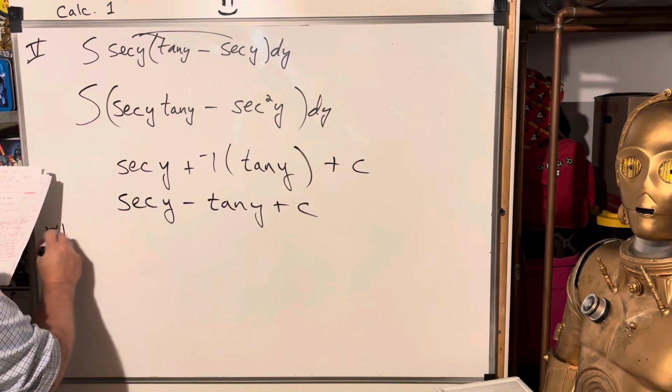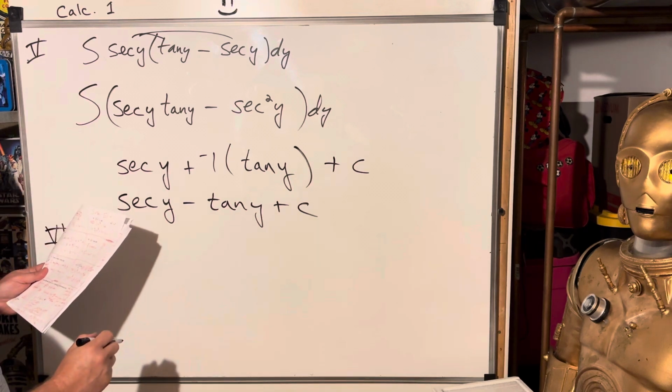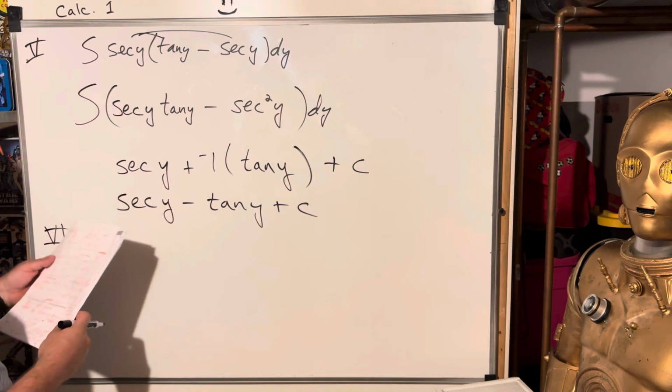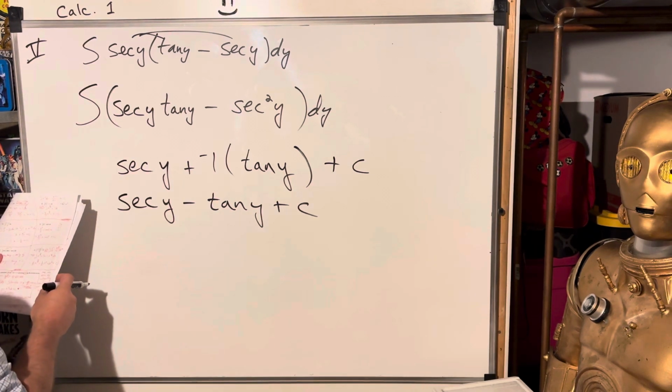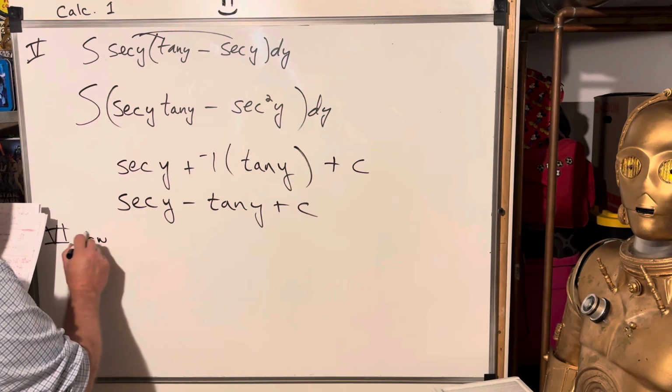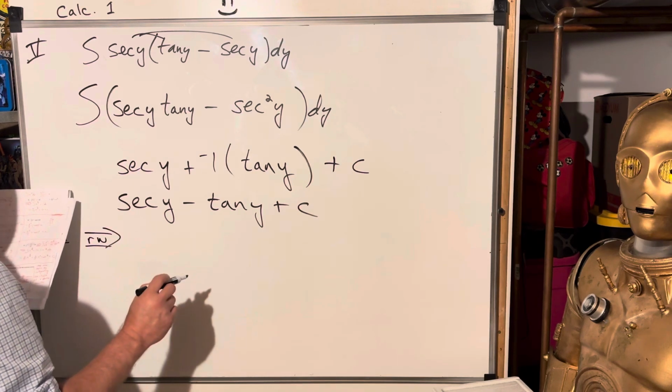Number 6. Yeah, this one's a little trickier. You've got to do a quick rewrite. So you've got the square root on the bottom. So I'm going to rewrite it, and then I'm going to rewrite it again. I'm going to simplify it.